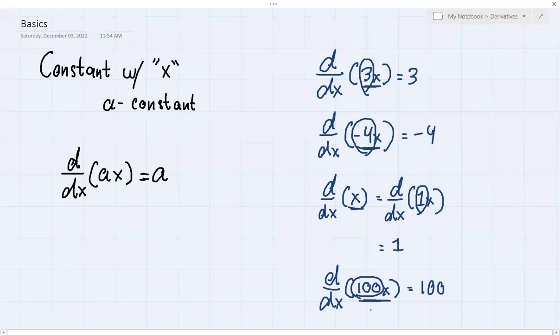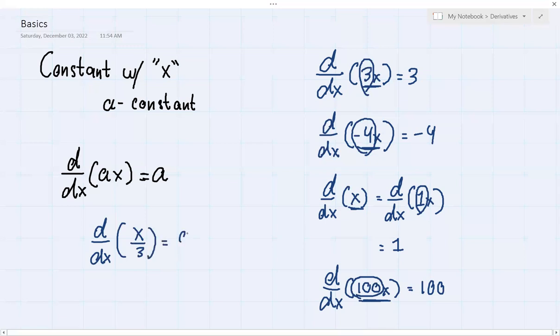Yun lang, it's easy. So once again, whether it's positive, negative, big or small, naka-fraction o hindi, okay? Rational or irrational, naka-decimal o ano, tapos meron siyang x, the answer is yung constant pa rin. Okay? So parang ganito, derivative ng x all over 3.